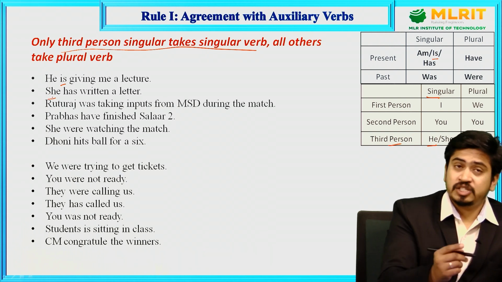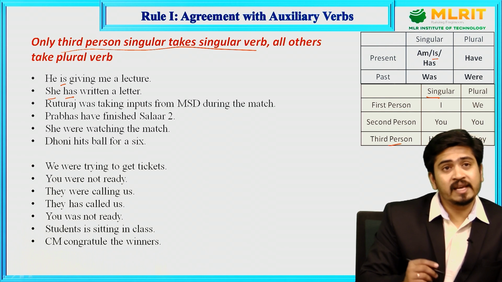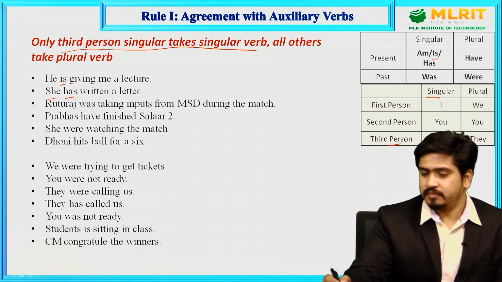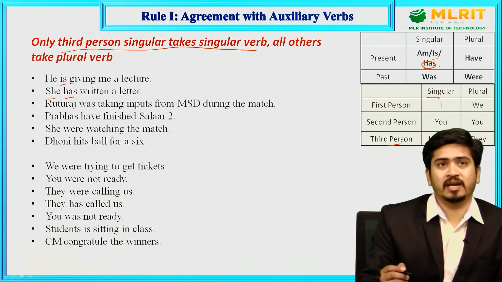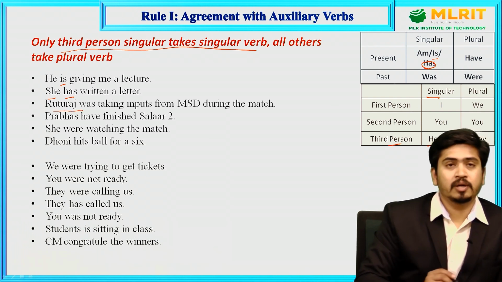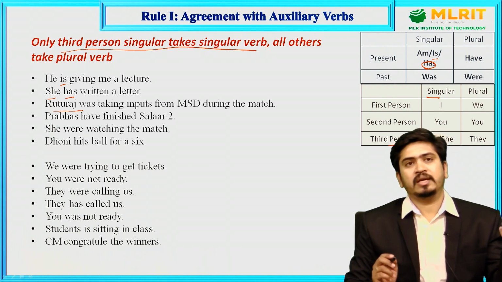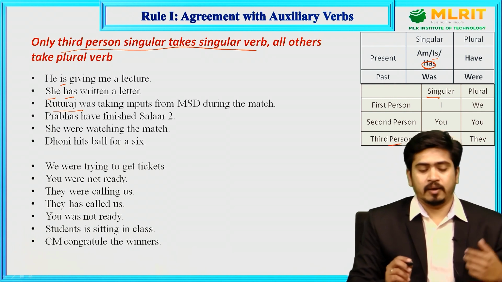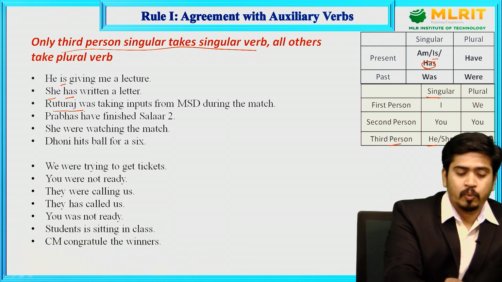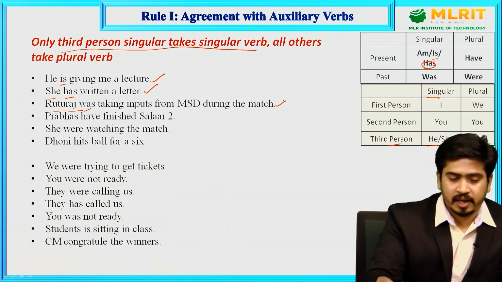She is again third person singular. Has is singular. So these are correct. Next example. Ruturaj was. I said any proper noun, name of a person, is third person singular. So Ruturaj third person singular, was singular. So these three examples are correct.